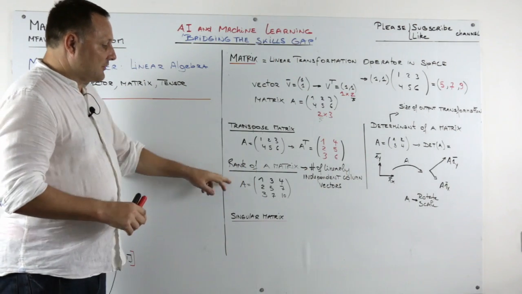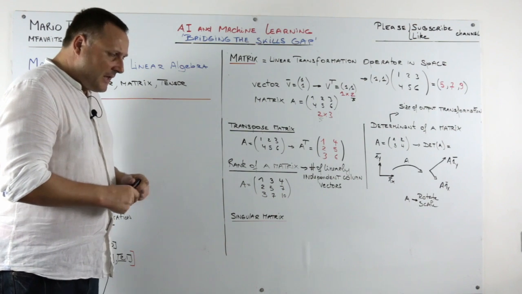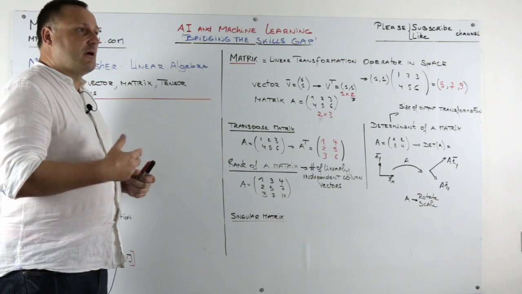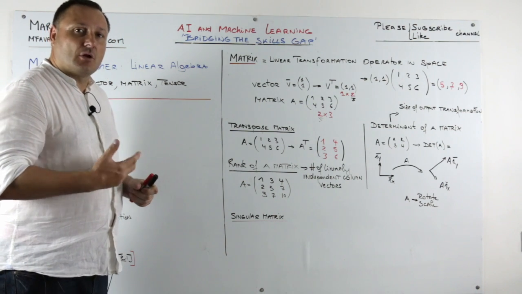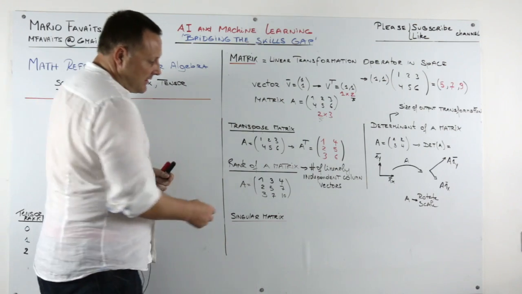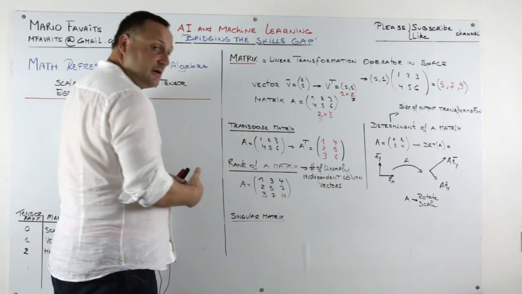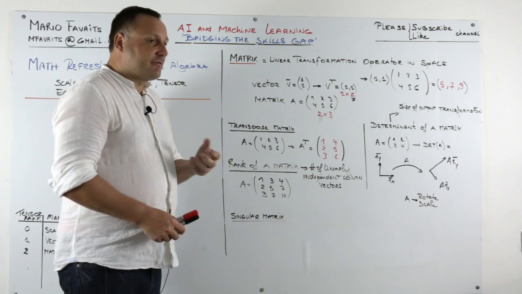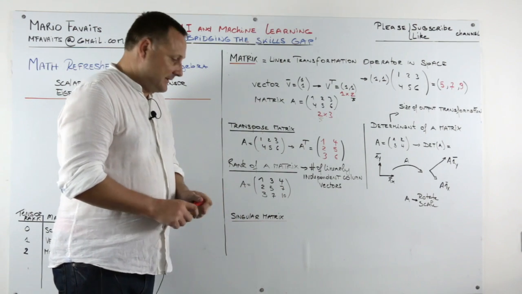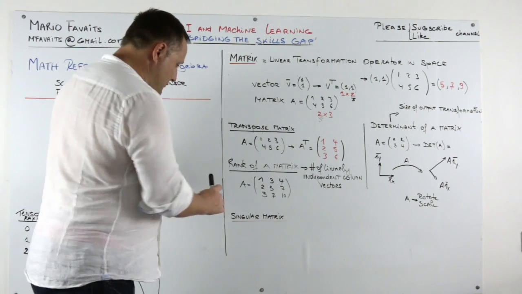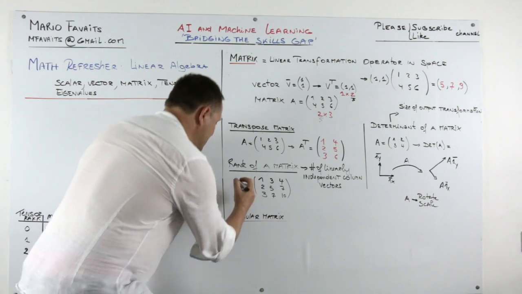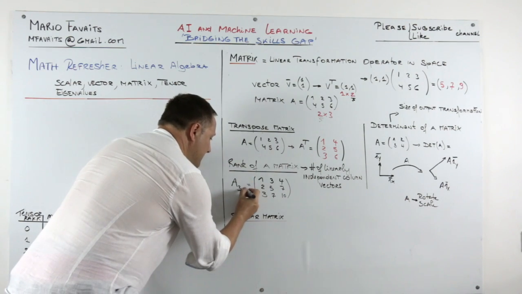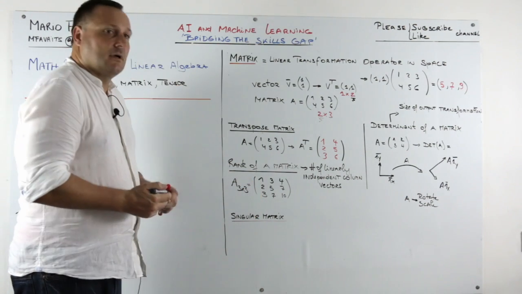Now, rank of a matrix. The rank of a matrix is the number of linearly independent column vectors. As I mentioned, a matrix is a stack of column vectors, and the rank is the number of linearly independent ones. For example, this matrix A is a 3 by 3 matrix.